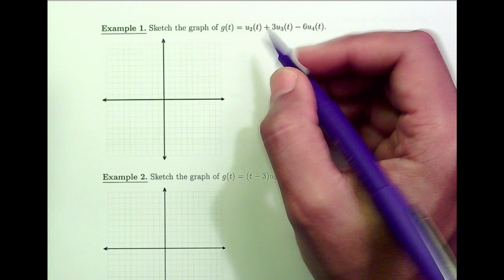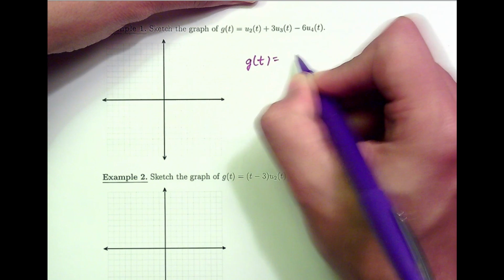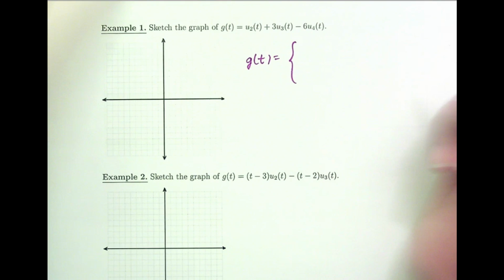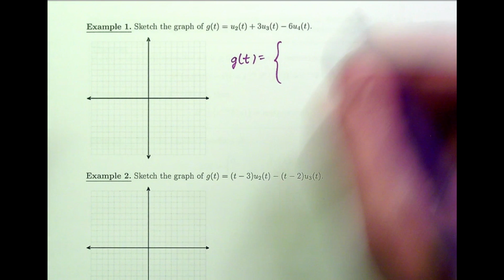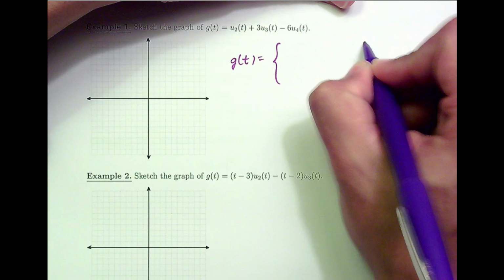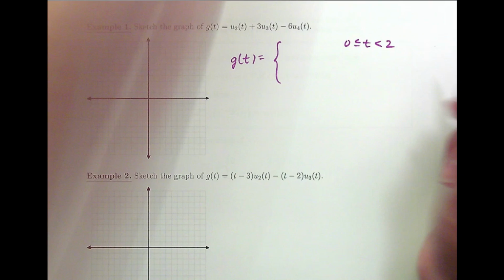So that means g of t then is going to be a piecewise defined function where the key moments are between 0 and 2.